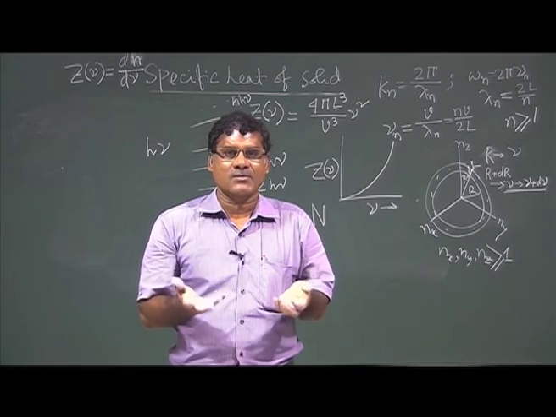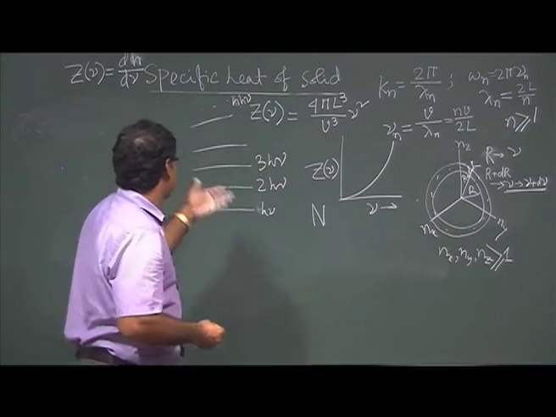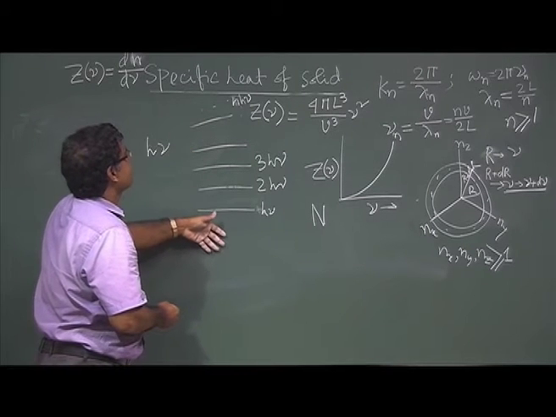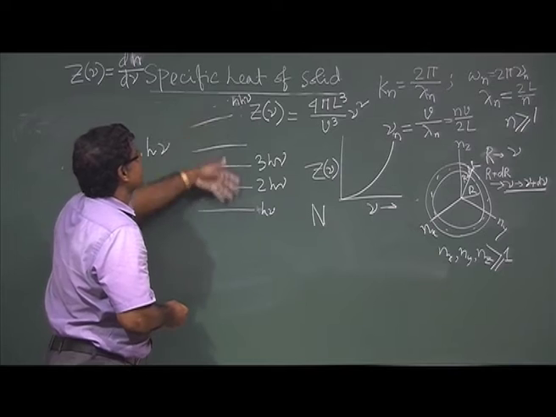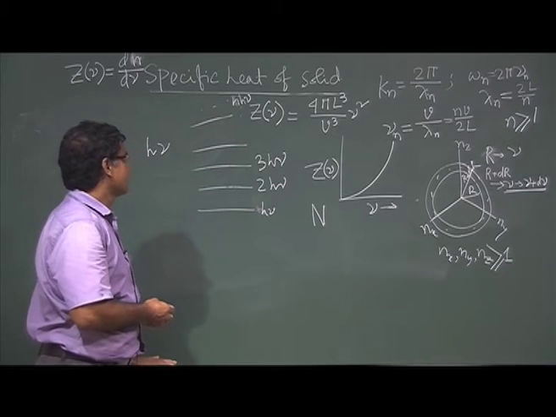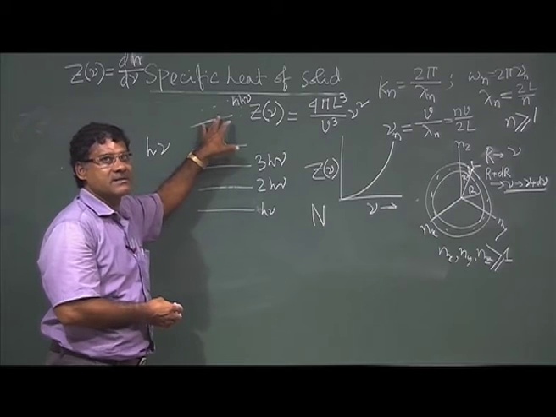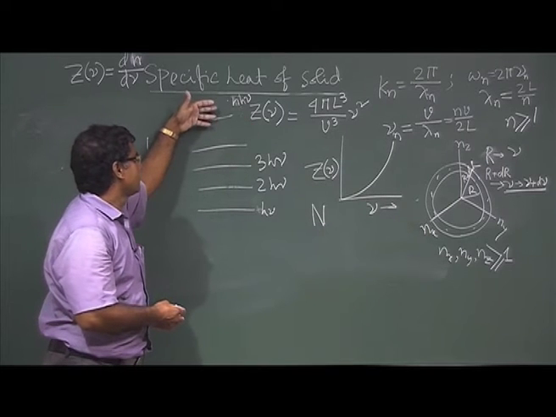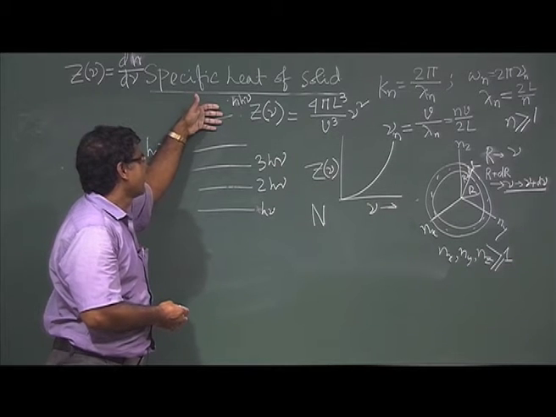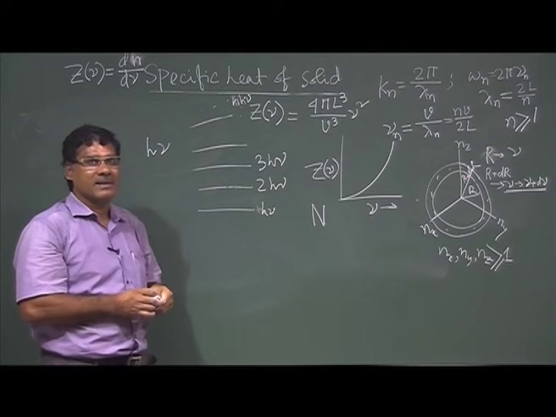That is Planck's formula. The probability is different for different energy levels.